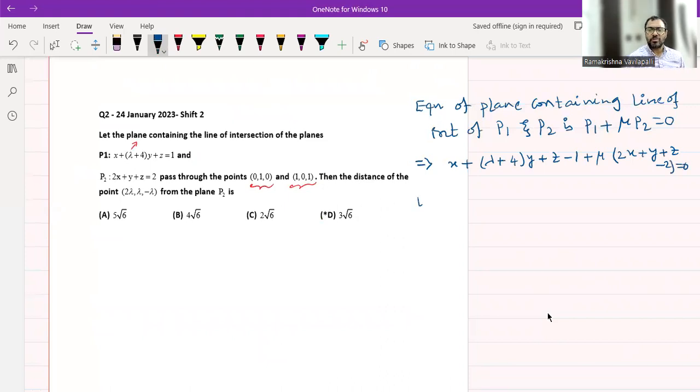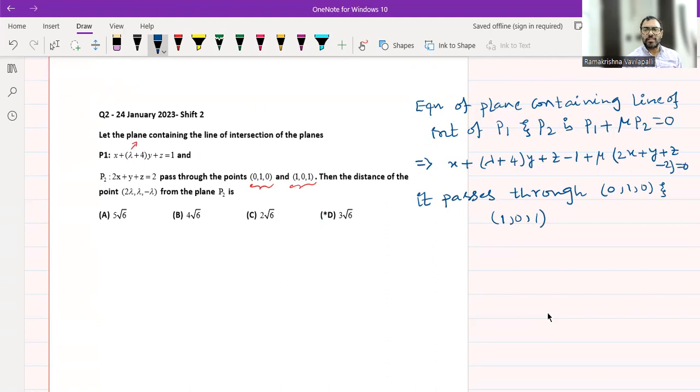Now it passes through 2 points: 0, 1, 0 and 1, 0, 1. In fact, it is not necessary to write because they have given.